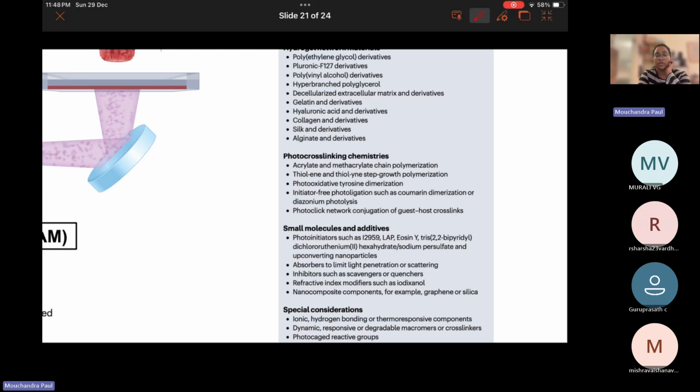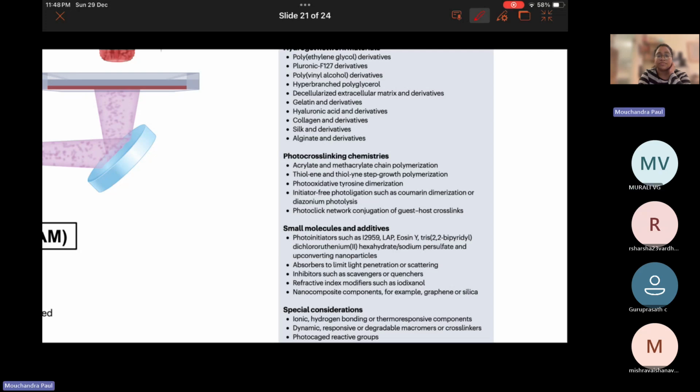Okay. Now, if your photo cross-linking reaction is sensitive to oxygen presence, then you can add some scavenger molecules in order to absorb the oxygen. This again helps in improving your structure resolution. Then you can also use some refractive index modifiers that basically improve the optical properties of your bioink.